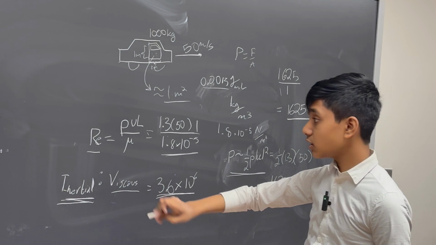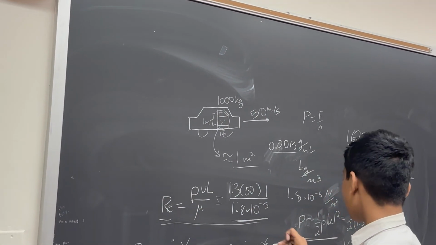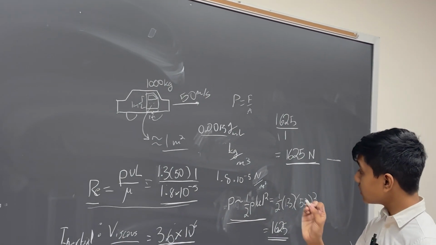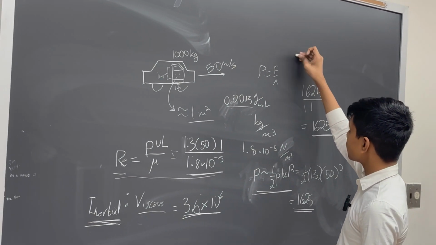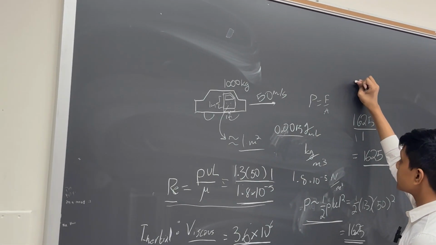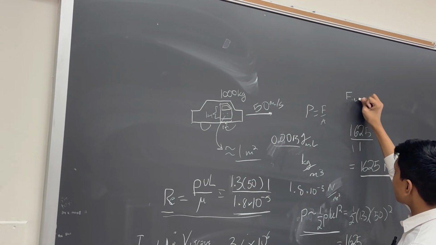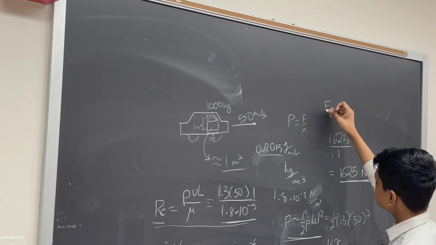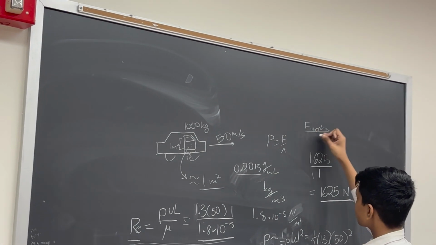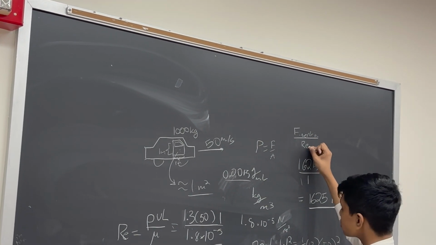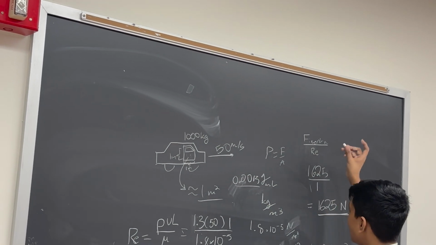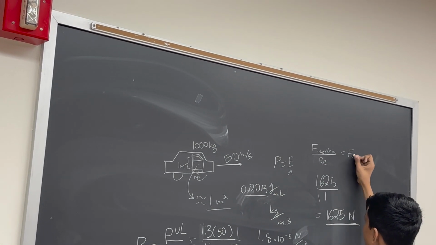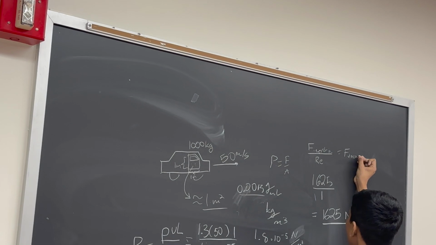Now in cases where the Reynolds number is low, you actually do the exact same thing, but instead you take the inertial force, which is probably very low, and divide it by the Reynolds number, which is also probably very low, and you'll get the viscous force, which is the truly dominant force.